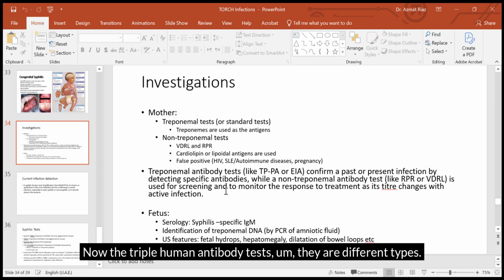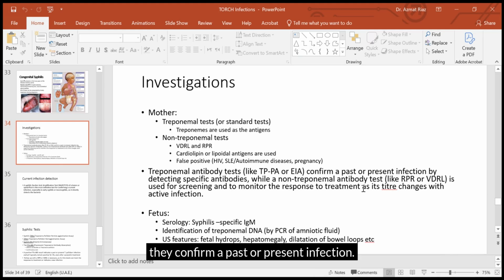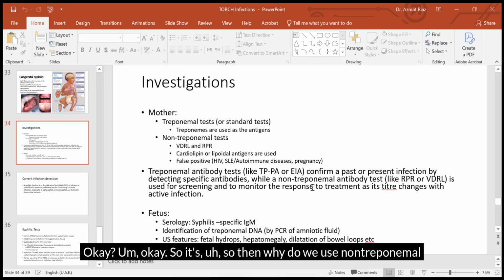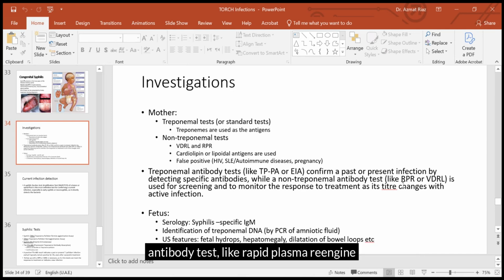Now, the treponemal antibody tests are of different types. We will discuss them in the coming slides, and they confirm a past or present infection. The main problem with these is that it is difficult to differentiate whether it is a past infection or the patient currently has syphilis. So why do we use non-treponemal antibody tests like rapid plasma reagent or venereal disease research laboratory?